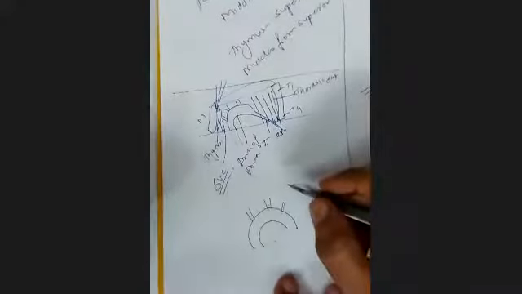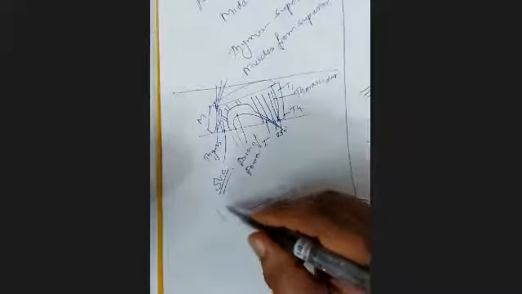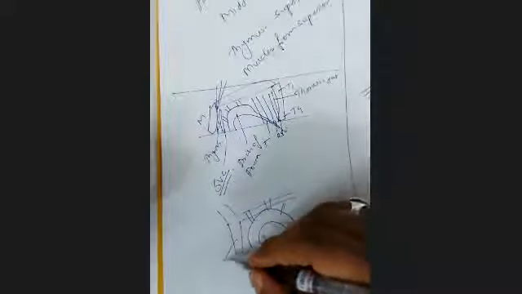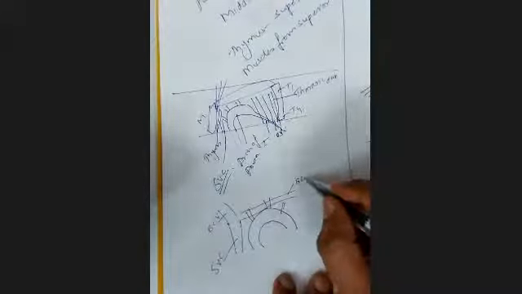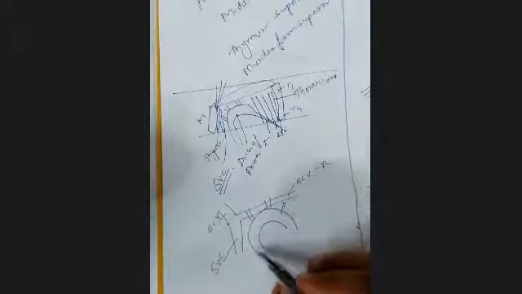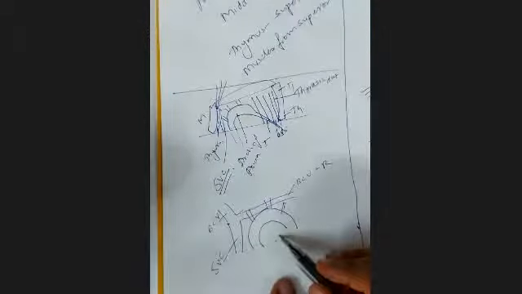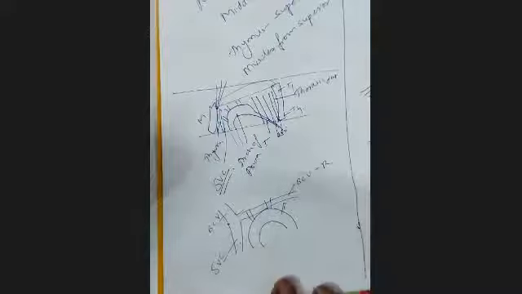Its branches are here, the brachiocephalic, left common carotid, left subclavian. In front of them goes the brachiocephalic vein from the left side and the brachiocephalic vein from the right side, and together they unite to form the superior vena cava. So this is how the contents of the superior mediastinum will look: the arch of aorta, its three branches, and the brachiocephalic veins uniting to form the superior vena cava.